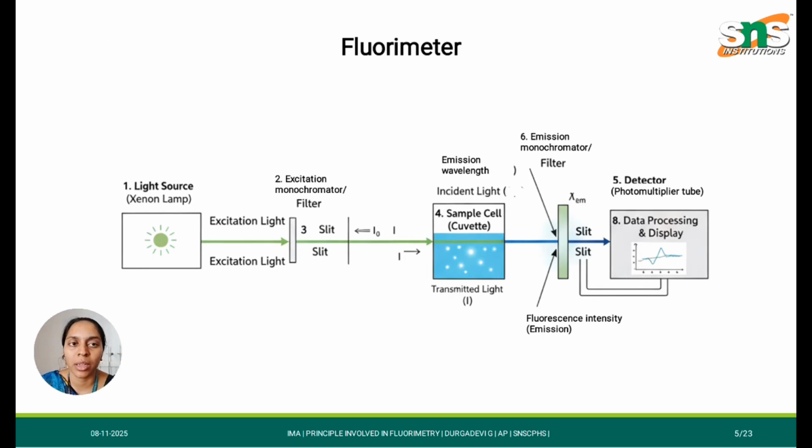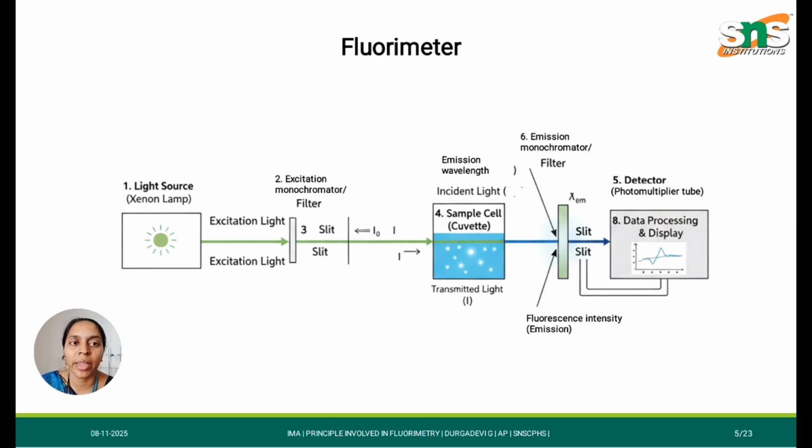And we can see the instrumentation of fluorimeter. The instrumentation involves the light source. The light source can be a xenon lamp or a mercury arc lamp or tungsten lamp. The light source will provide the radiations that are necessary for the molecules to excite.